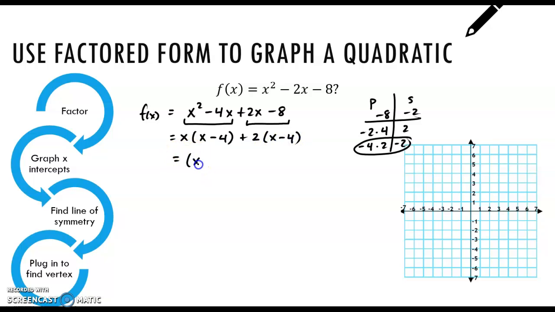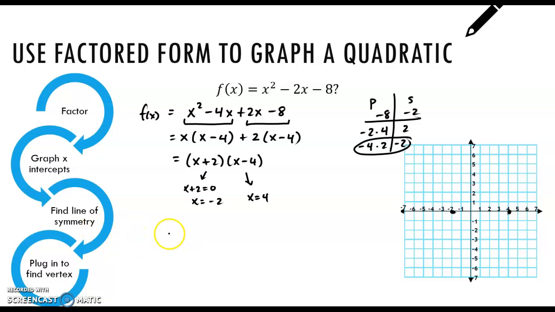And then this becomes x plus 2 times x minus 4. And we know that for the x-intercepts, either x plus 2 equals 0, so x equals negative 2, or x minus 4 equals 0, or x equals 4. So our x-intercepts are going to be at negative 2 and 4.